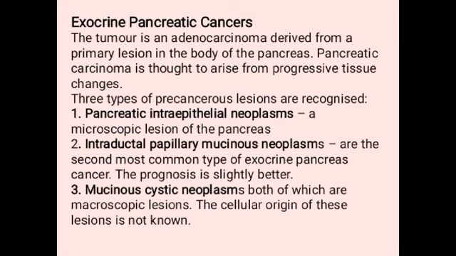Macroscopic lesions are lesions that can easily be seen even without the aid of the microscope, so long as you are at the site of the pancreas. It's more like the overgrowth around the tissues of the pancreas that leads to the carcinomas that we are talking about. So these are the three types of exocrine pancreatic cancer: pancreatic intraepithelial neoplasm, intraductal papillary mucinous neoplasm, and mucinous cystic neoplasm.